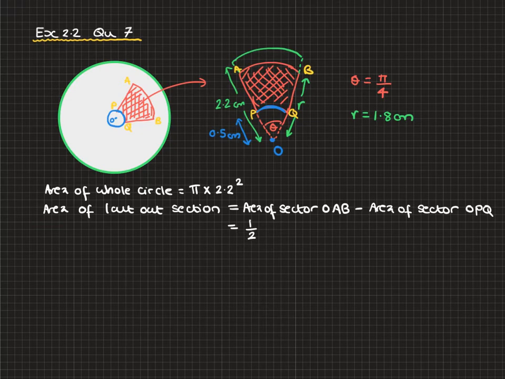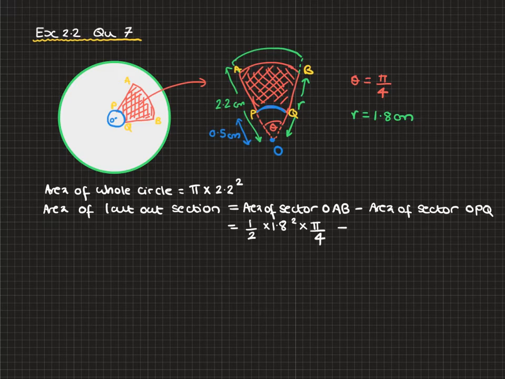So OAB has a radius of 1.8, we're given that information in the question. It says each part of the cutout sections are part of a sector with a radius of 1.8. So that's a half multiplied by 1.8 squared multiplied by pi by 4.